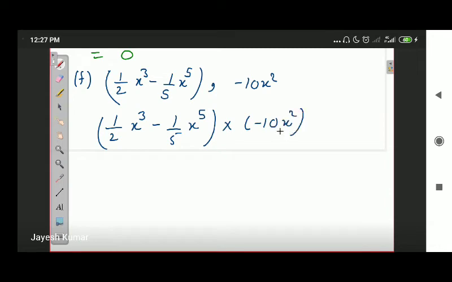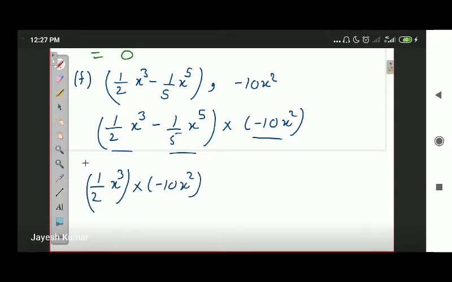What we are interested in multiplication is the sign of these terms. First of all I will multiply minus 10 x square, this monomial, with the first term of this binomial. So this term, 1 upon 2 x cube, is to be multiplied by minus 10 x square.